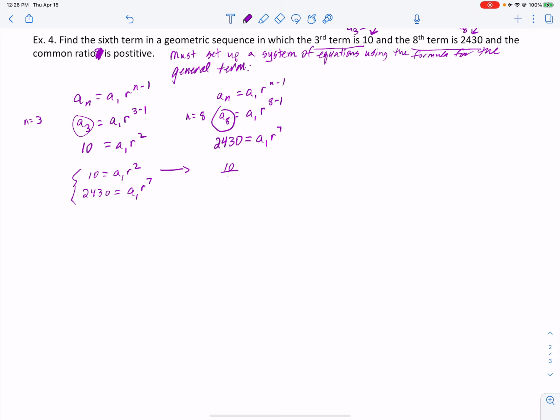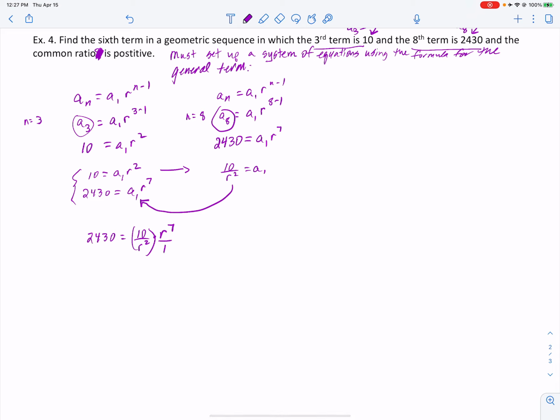So divide by r squared and solve for a sub 1. And then we are going to substitute that in for a sub 1 in the second equation. And we get 2430 is 10 over r squared times r to the 7th. So I have substituted in that 10 over r squared for a sub 1.